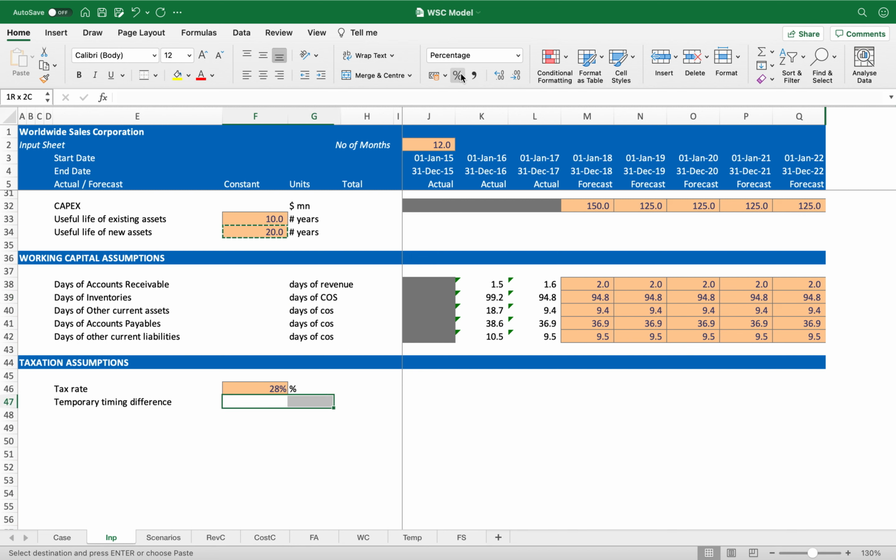So we know that for taxation purposes, my income is $40 million lower than for accounting purposes.